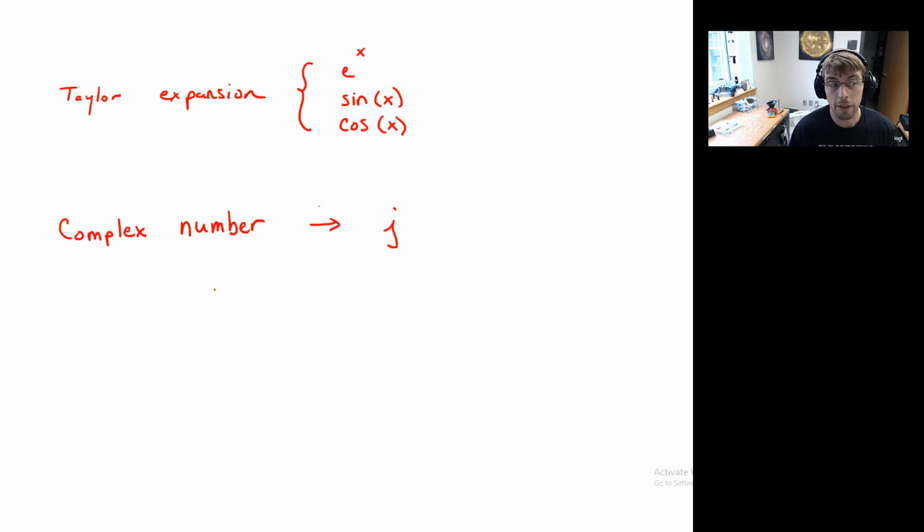We will be able then, coupled with the Taylor expansion and the complex number, to move into what's called Euler's relation.